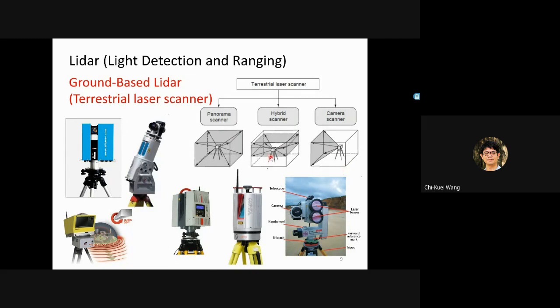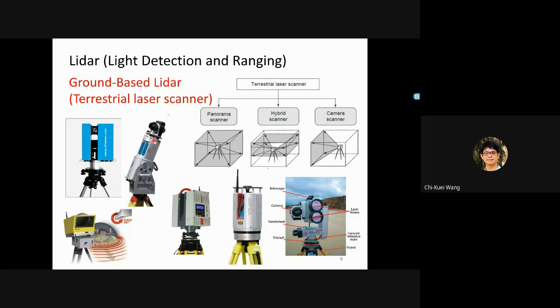You may ask why we have a hybrid system. How come we don't scan the top? That is because sometimes we like to have color in the point clouds. Laser is only one single wavelength. You have experience with the laser pointer when you use PowerPoint to talk.